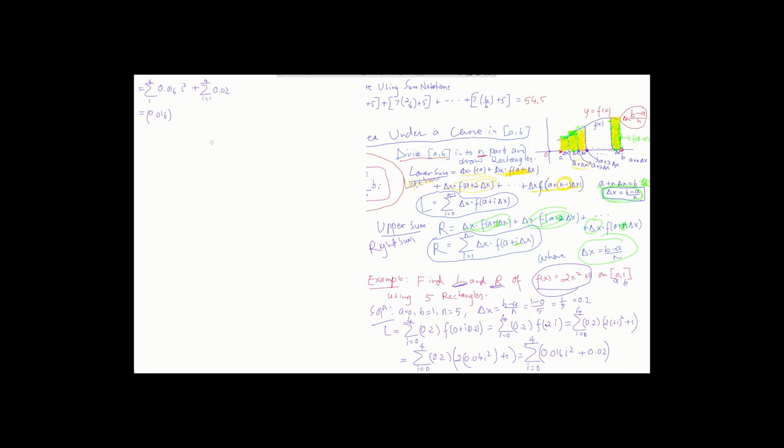It is n times n plus 1 times 2n plus 1 over 6. Oh, I'm sorry, this is 0 through 4. So I just distribute this sum to the first term and then the second term. This is what you get: the summation from 0 through 4 of 0.016 i squared, plus the summation from i equals 0 through 4 of 0.2.